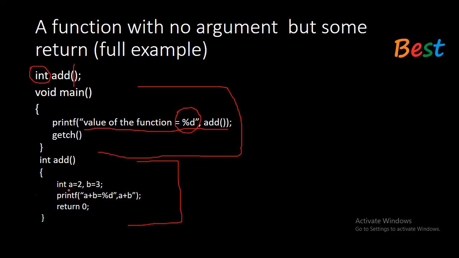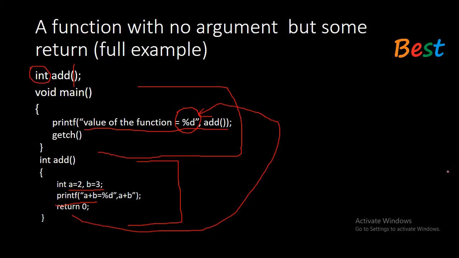I have put some values in the program itself, and in this line printf a plus b will return the value of a plus b, that is 5. We can change the value, or we can use printf and scanf for taking the values of a and b, and return 0 will return in this line.